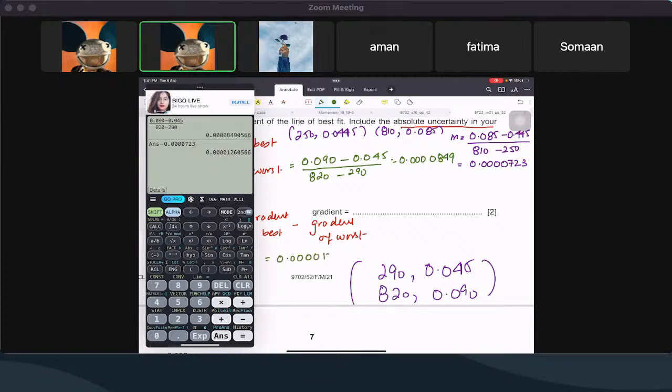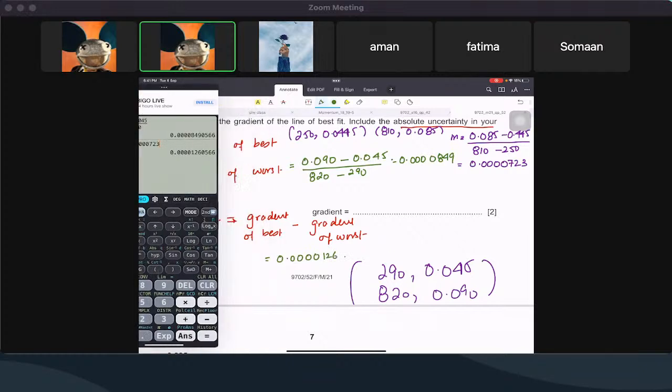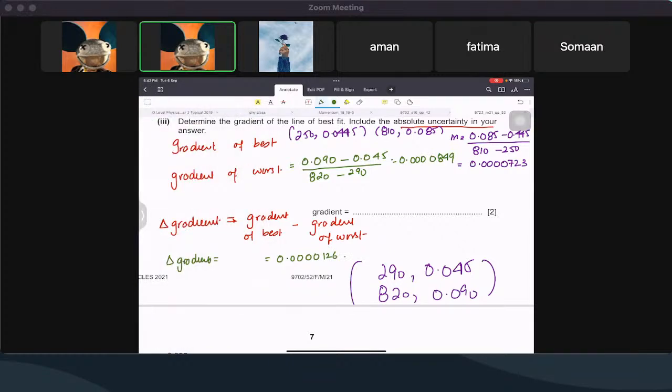Okay, now that's my values. Now I'm going to convert the uncertainty into one significant figure. That is the rule. I hope you guys have learned it in AS: 0.0001. And then I'm going to write it in standard form. So it is 1, 2, 3, 4, 5, so plus minus 1 times 10 raised to minus 5.